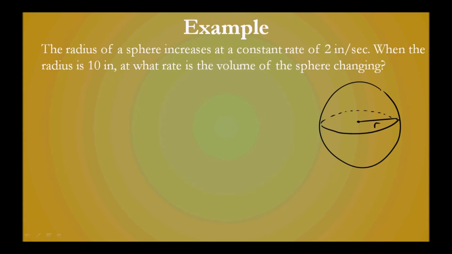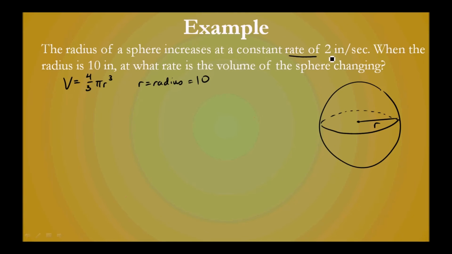This distance is our radius, r, and the formula we're going to use is the volume of a sphere, equal to 4/3 pi r cubed. We know r is our radius, and we're also given another piece of data. r is equal to 10, but we're also given a rate.